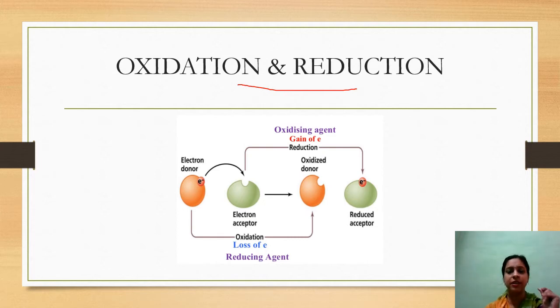So let us quickly recapitulate. If there are two substances, let us take species A and B. The species which donates its electron, in which there is loss of electron, that species shows an oxidation reaction.